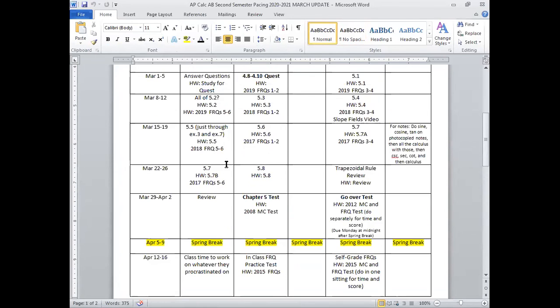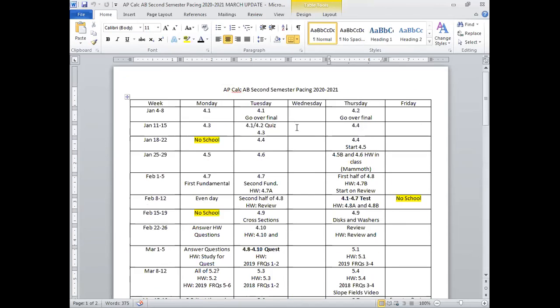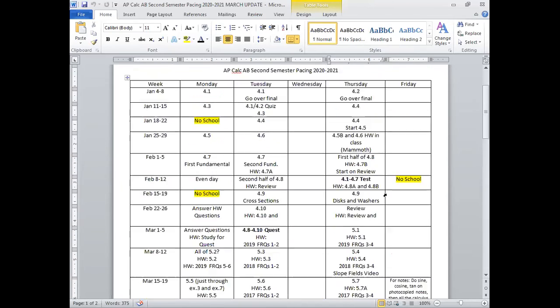So she had us finishing 5.7, which we didn't really do. Okay, so there's your trapezoidal rule. So we're probably pushing closer towards, so here's Tuesday, Wednesday, Thursday. She has Thursday.